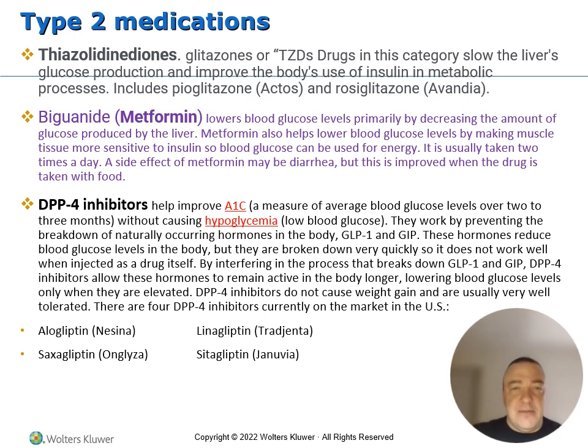And then we have our other meds. Might see some that look familiar to you here, like Januvia, Tradjenta, as far as your DPP4 inhibitors, they work to improve that A1C.